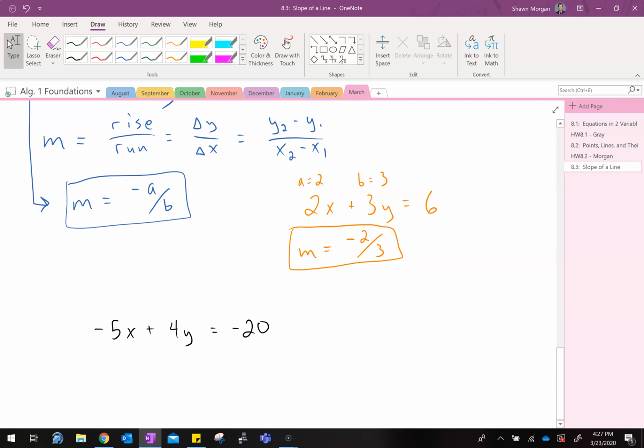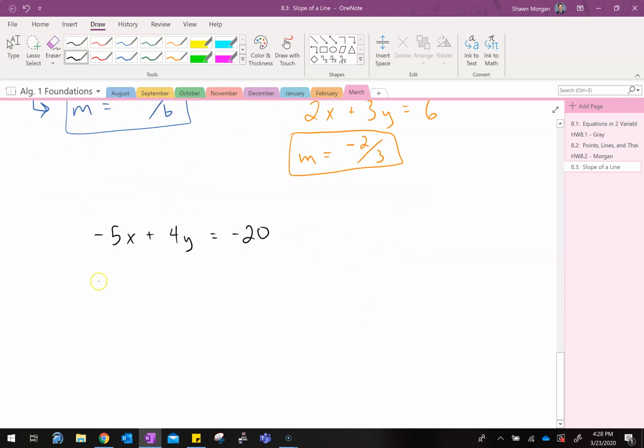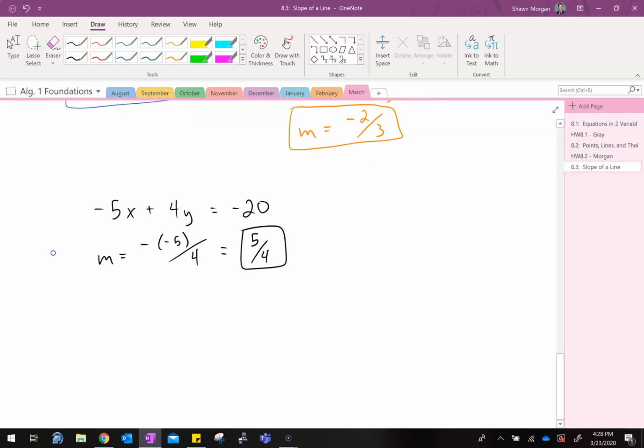All right, if you've done your work correctly, you should have gotten m equals the opposite of negative 5, that's our a value, divided by 4, that's our b value. Now the opposite of negative 5 would be positive 5, so your slope is 5/4. And that's the way that we find slope, rise over run, for that particular line.